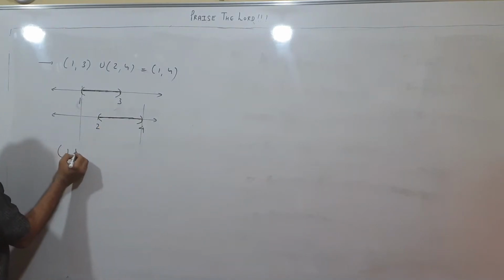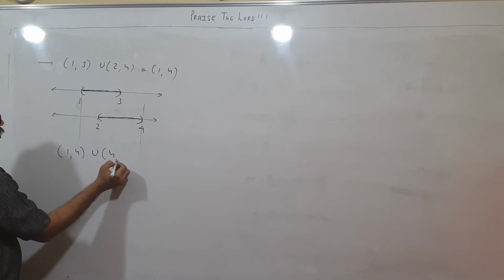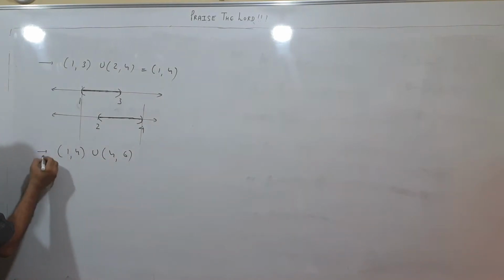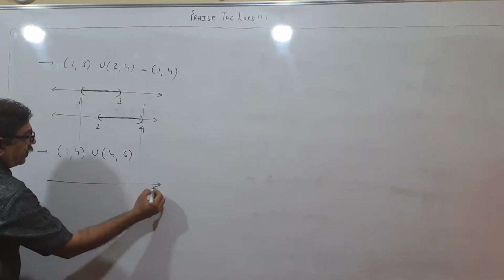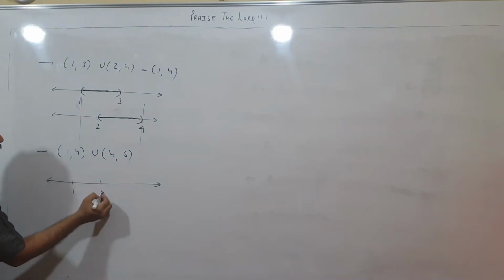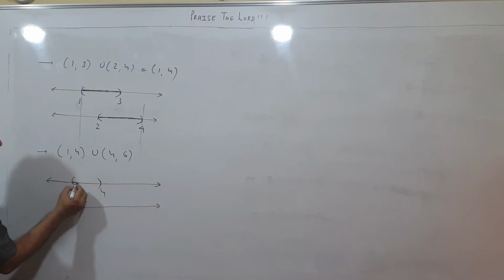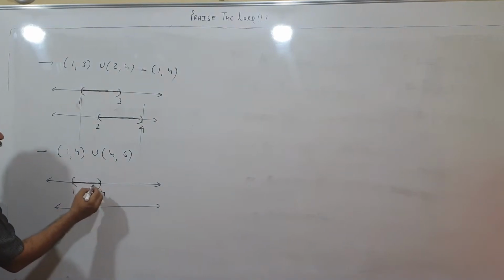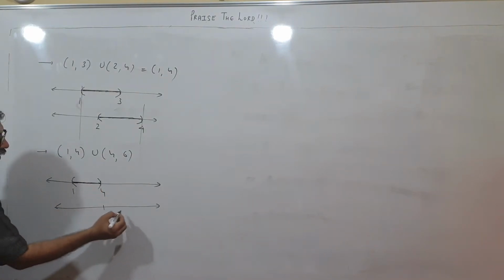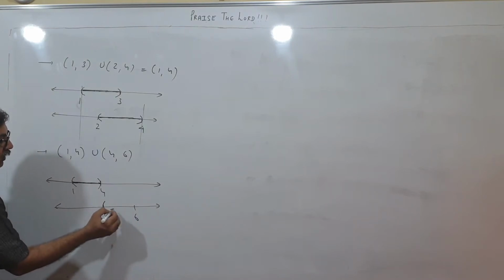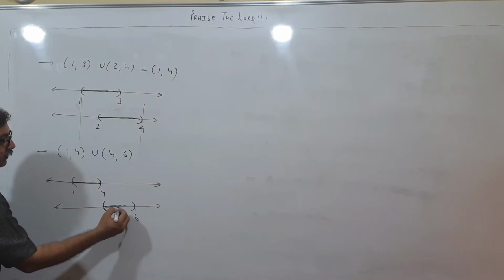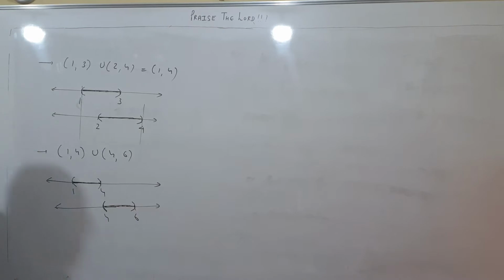Then (1, 4) union (4, 6). So please see, let me draw (1, 4). So this is the required area. And (4, 6), 4 exactly below 6. So below 4, sorry. 4 to 6 here. Now either these elements or these elements.